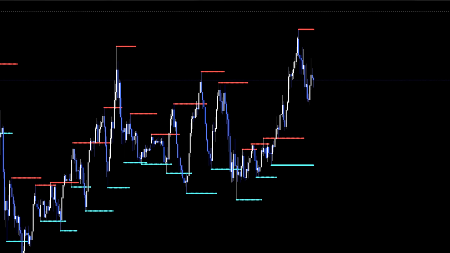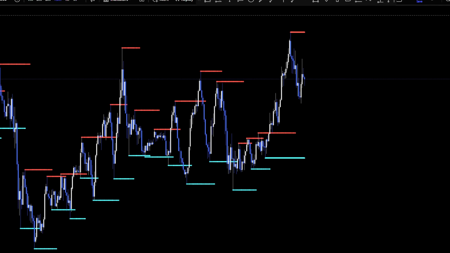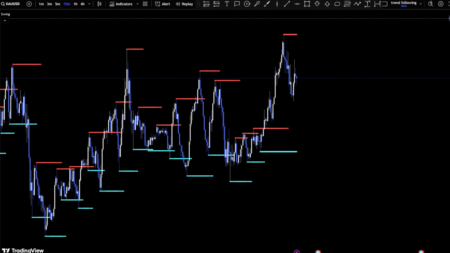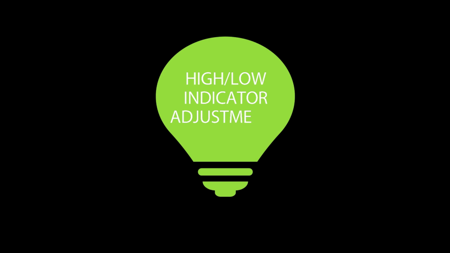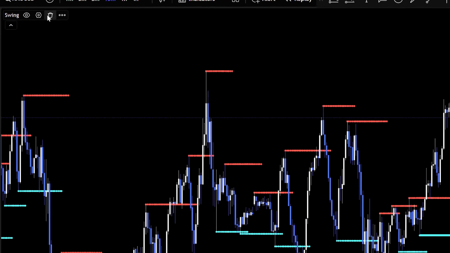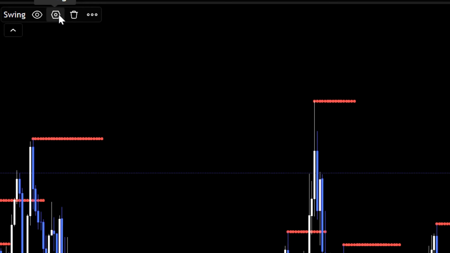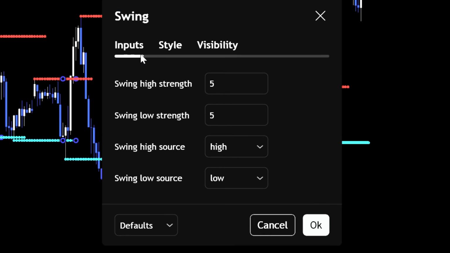Now, we need to make a few adjustments to this indicator to make sure it's set up just right for our strategy. Click the gear icon next to the indicator's name on TradingView. That's the settings button. A window will pop up and you'll see a tab called Inputs.